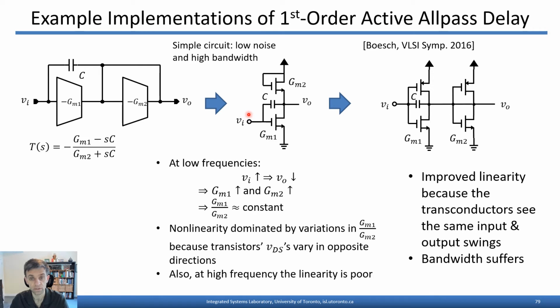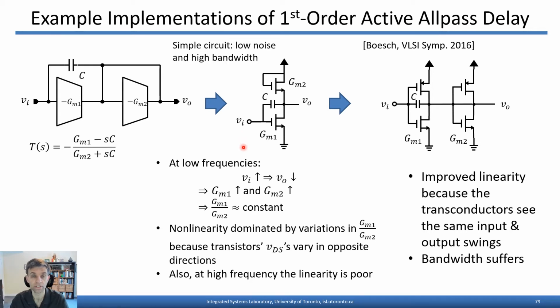Considering the static nonlinearity, we're thinking about low frequencies, so the capacitor sees an open circuit, and as Vi goes up, VO will come down. As Vi goes up, we know that GM1 will increase, but VO comes down, so GM2 will also increase. So the ratio of GM1 over GM2, which determines the low frequency gain of the circuit, will remain constant across relatively wide swings of Vi.